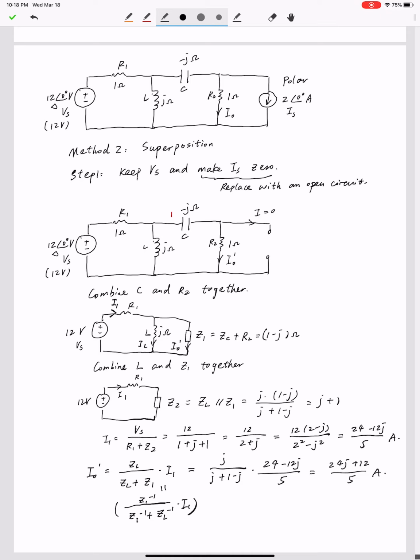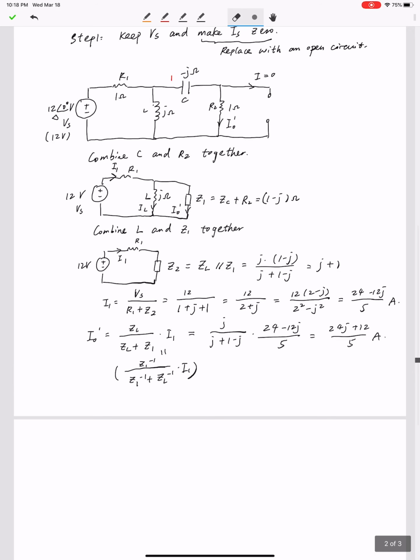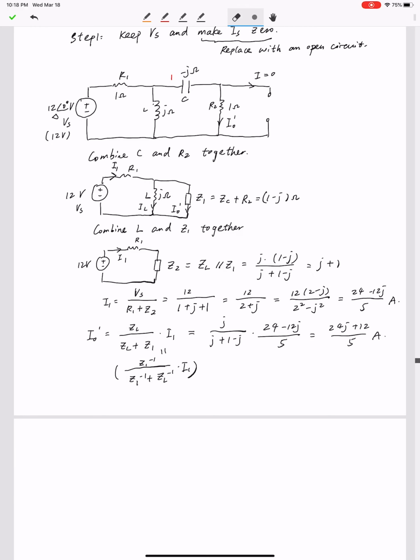All right, so after we have the first result, which is the value of I naught when Vs, the voltage source, is present, the second step is we keep the other source, which is the current source.